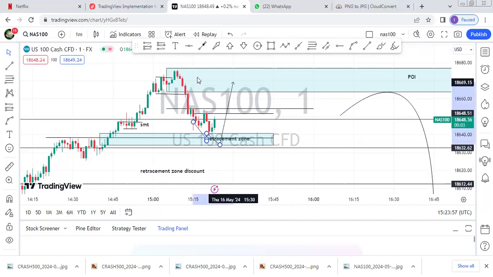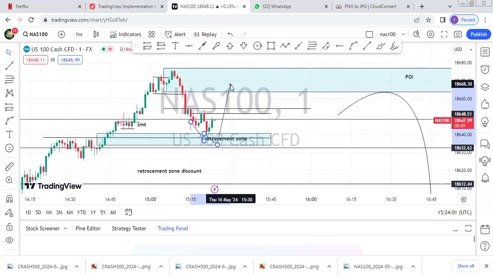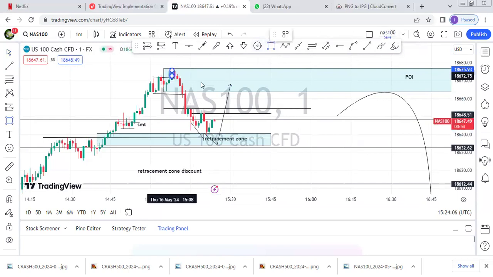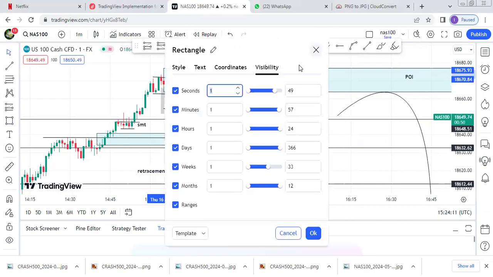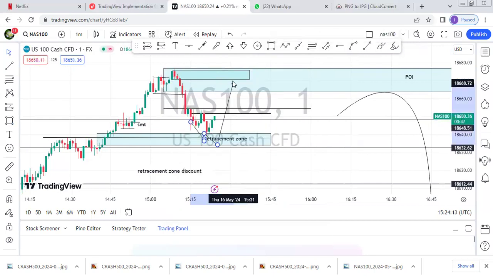The market wants to come to the last candle that gave us a rejection of the buyers, which is this candle here. All right, and then we can take our entry as well for the buyers from here.